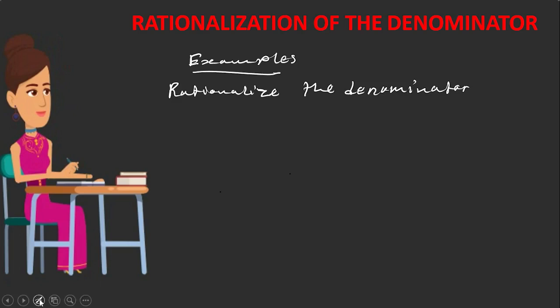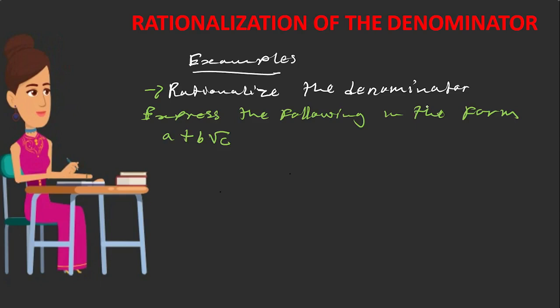This is the first style of question where you are asked to rationalize the denominator, or they can say express the following in the form a plus b square root c. Sometimes they will tell you. So this question in white and that question in green are just one and the same.